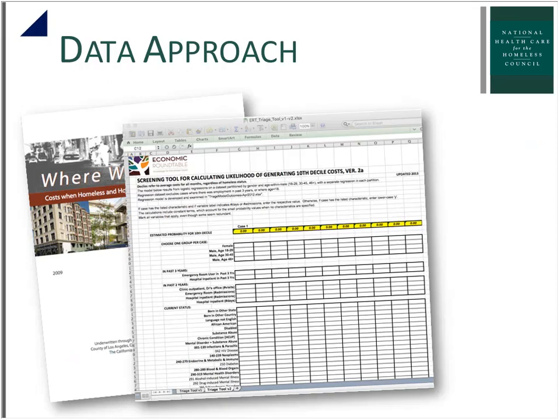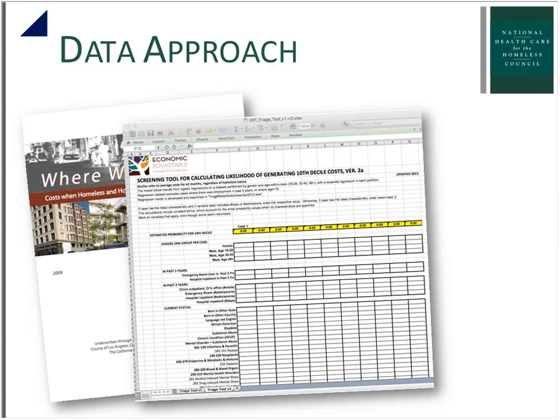So the findings in this report led them to develop a data-driven triage tool to help identify who might fall into that 10th decile, that top 10% highest cost, highest need group of individuals who are experiencing homelessness. And the tool is founded on 2 key ideas. The first being that the greatest risk to people experiencing homelessness is the continuing crises in their lives, especially those that result in encounters with hospitals or jails.